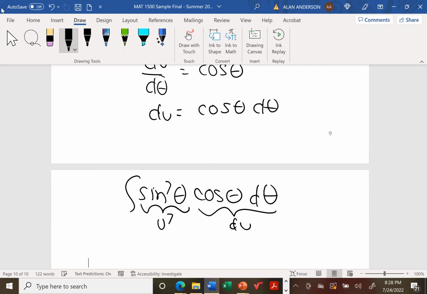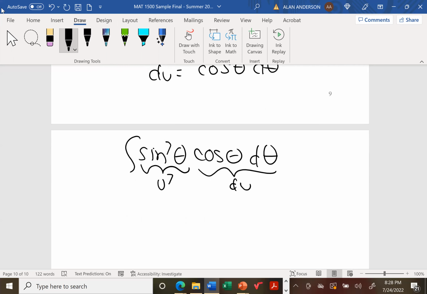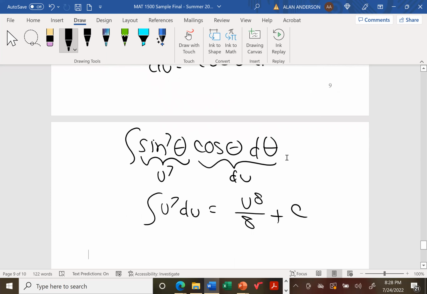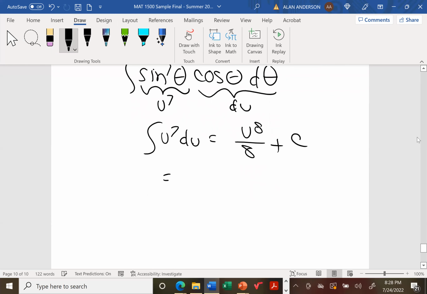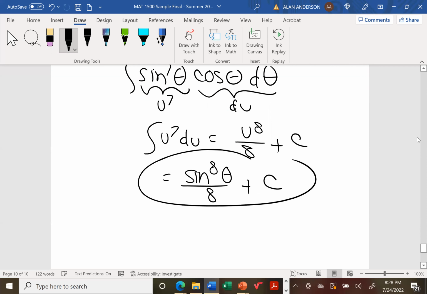And so we have u to the 8th over 8 plus c, and of course we defined u to simply be sine theta.